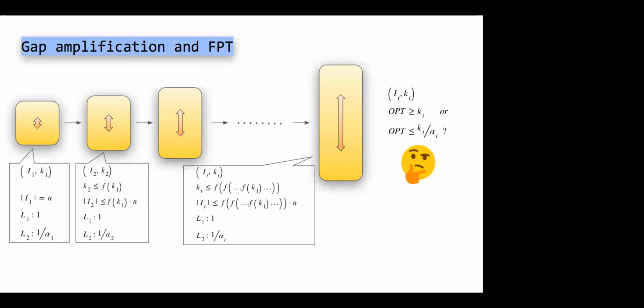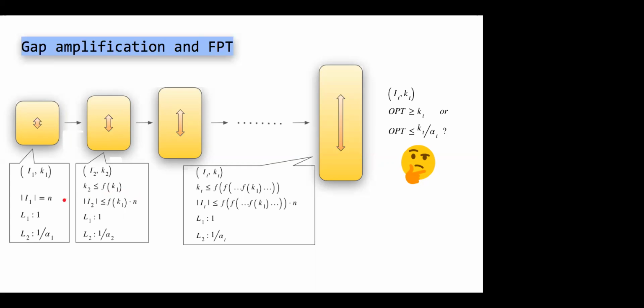So what would happen if we tried to revisit this idea of gap amplification from the PCP theorem in the FPT world? We can consider again a self-reduction, which is a parameterized reduction, but the size of the instance grows proportionally to n, as in the previous slide on gap amplification.